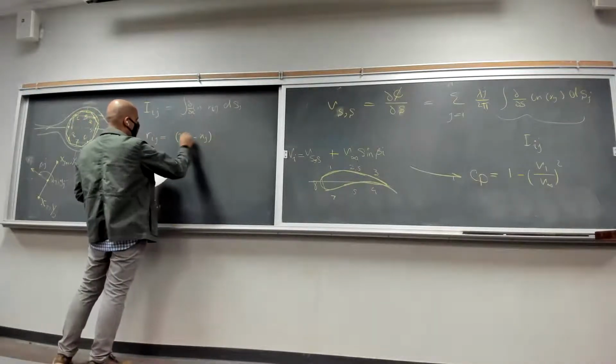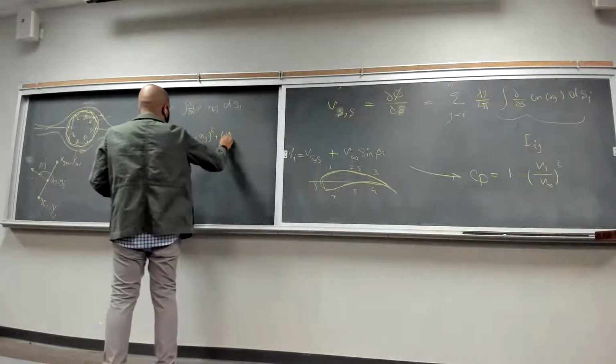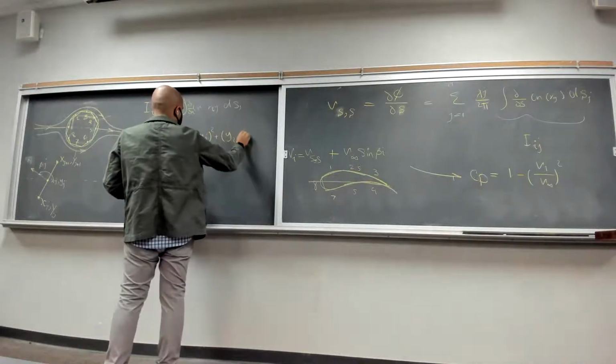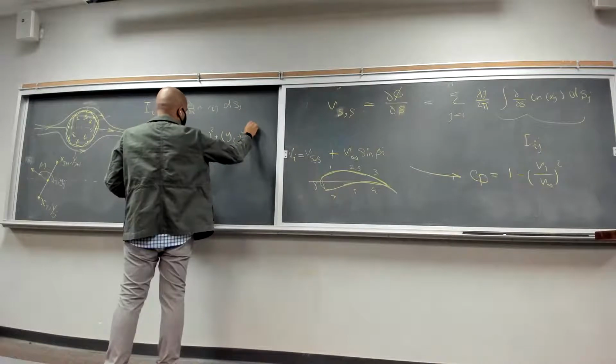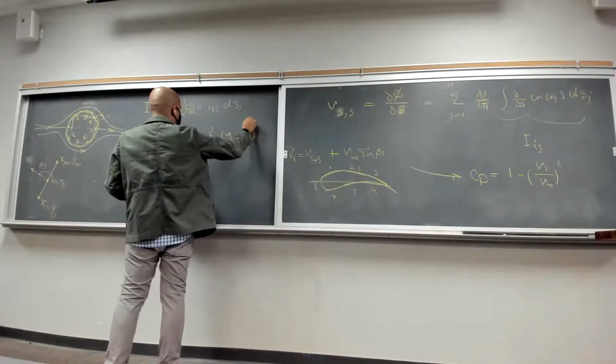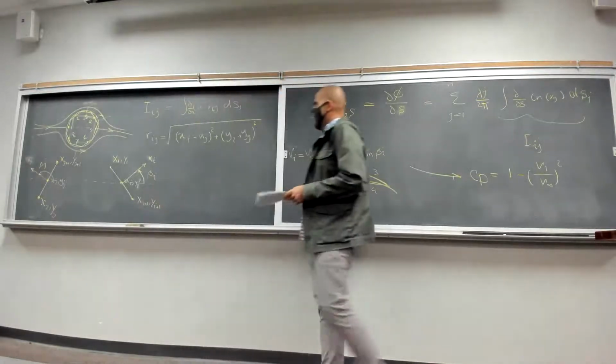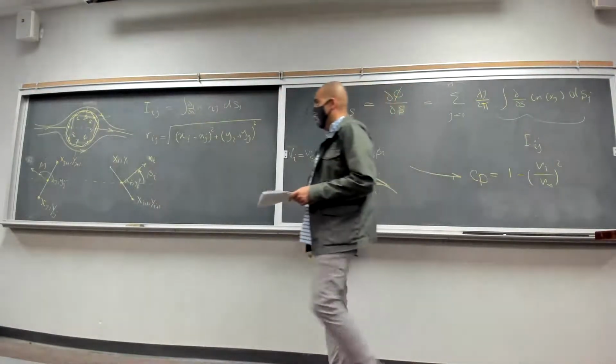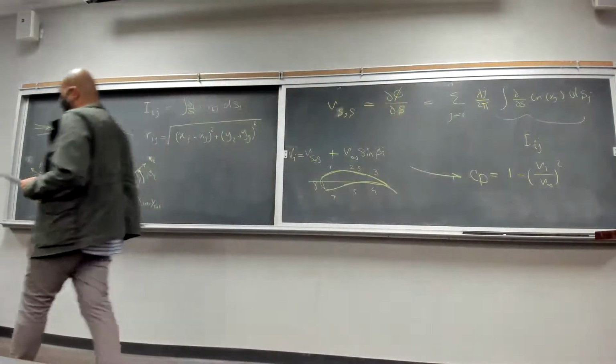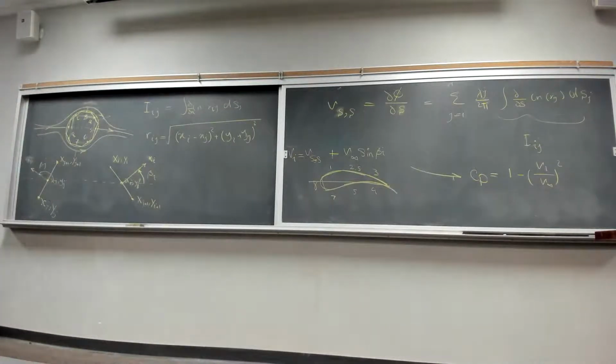Xi minus xj, and yi minus yj, and square root. This will be your R of ij. That's the distance between the two panels.